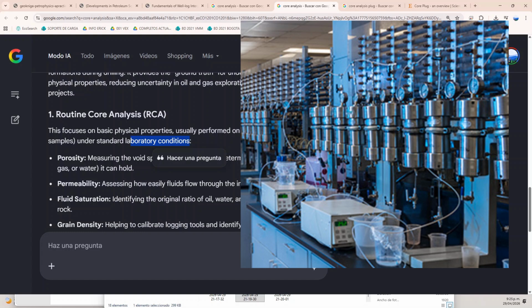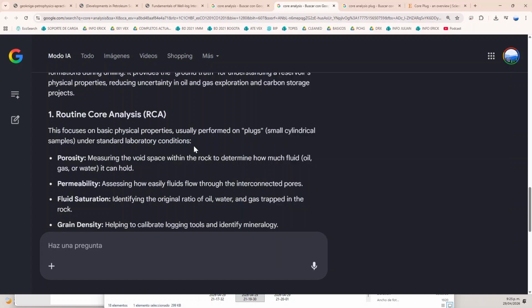So the laboratory conditions are different from the real reservoir conditions, right? Sometimes people make corrections, and sometimes people try to simulate the reservoir conditions so that they can measure these properties under reservoir conditions. This is something important that we have to mention here.